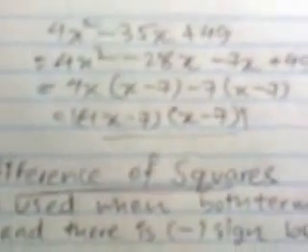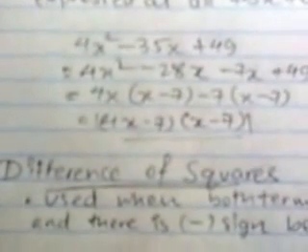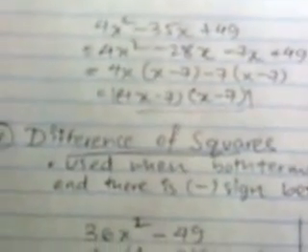In this case, the product of 4 and 49. So we did that, and we found out that 4 into 49 is equal to 28 into 7. And we found 2 numbers, negative 28 and negative 7. Negative 28 and negative 7 add to negative 35, and when multiplied give us 49 into 4.